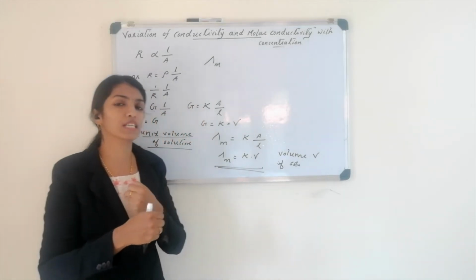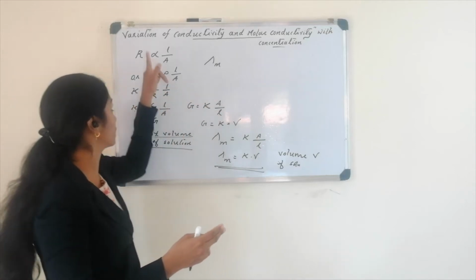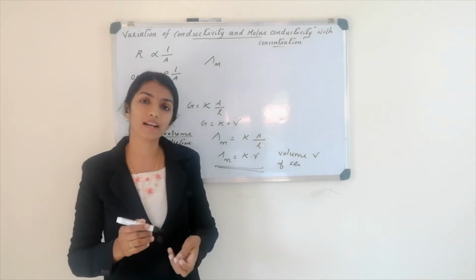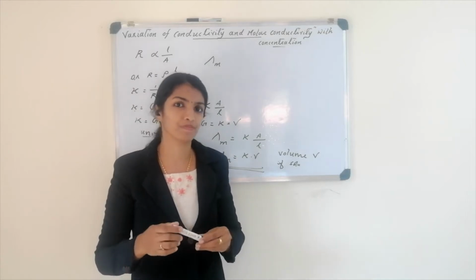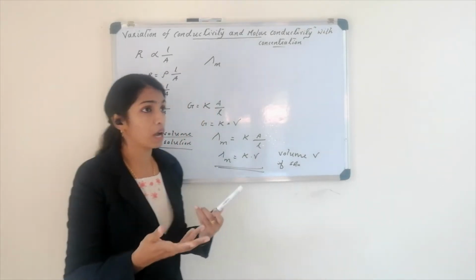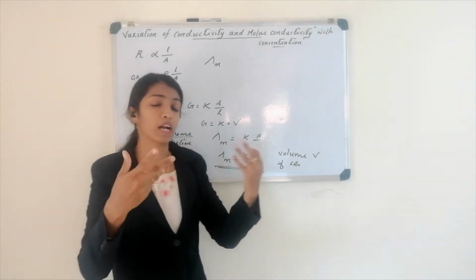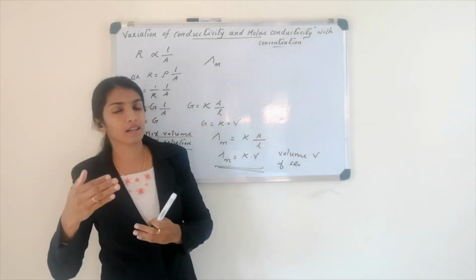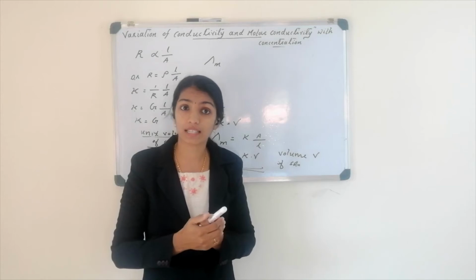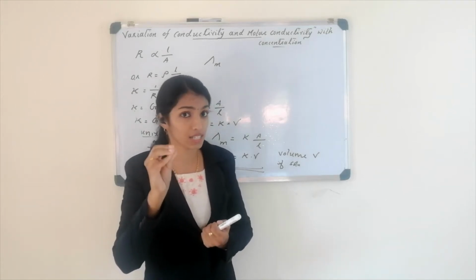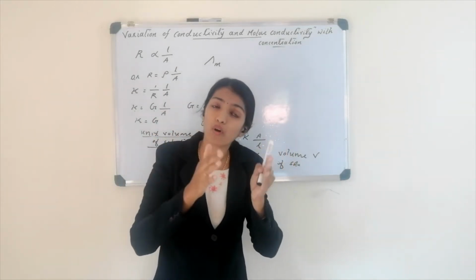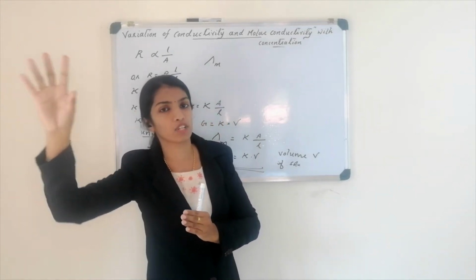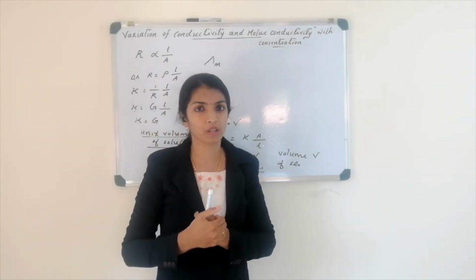Then next we have to discuss the variation of conductivity and molar conductivity with the concentration. What happens when concentration increases, to the value of conductivity? Since ions are the charge carriers, if the number of ions present in the solution is maximum, the conductivity value is also maximum.